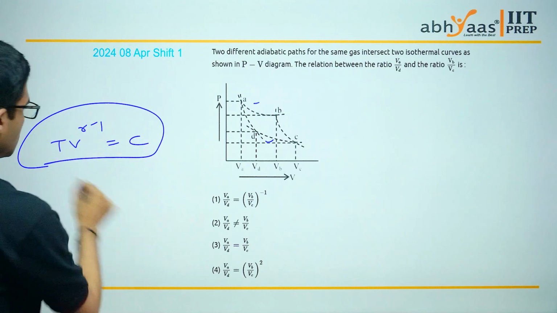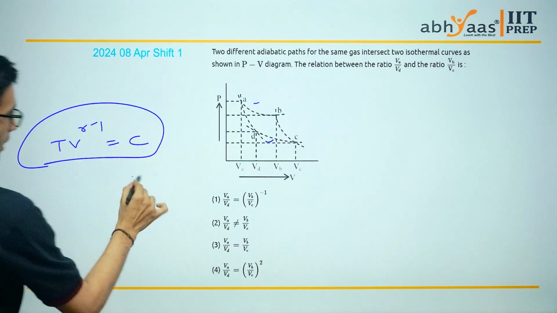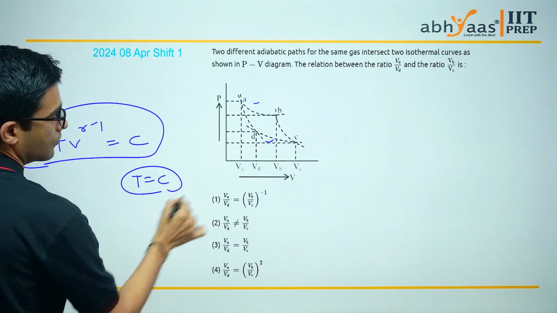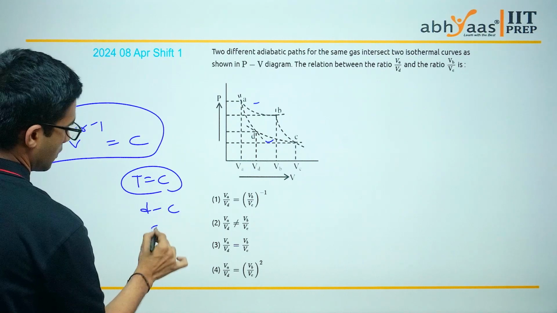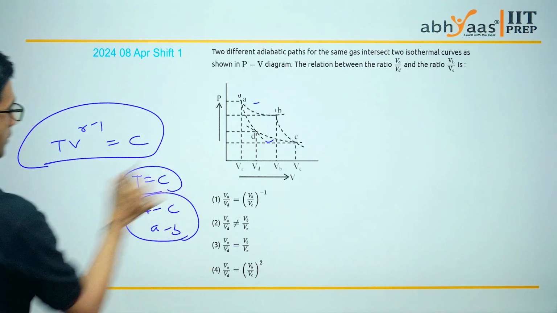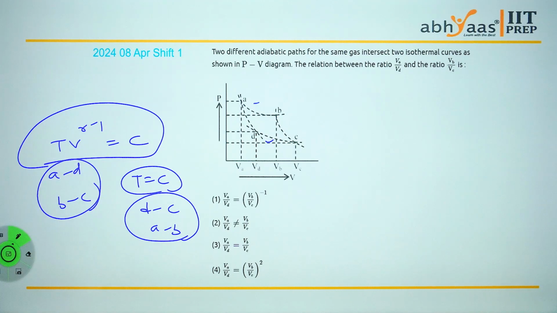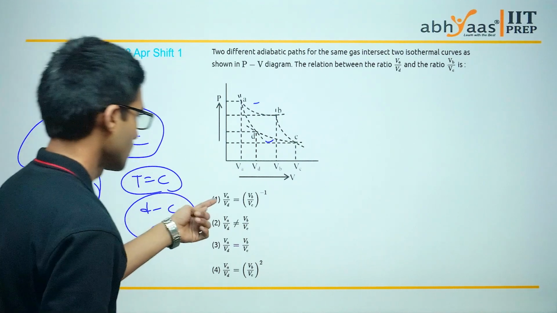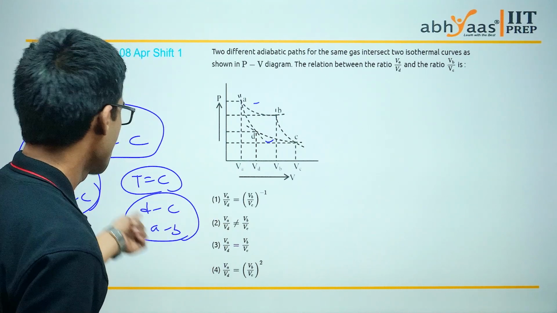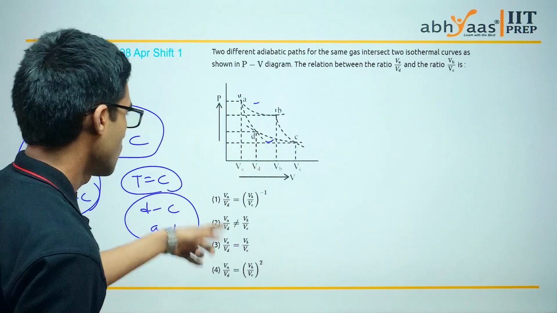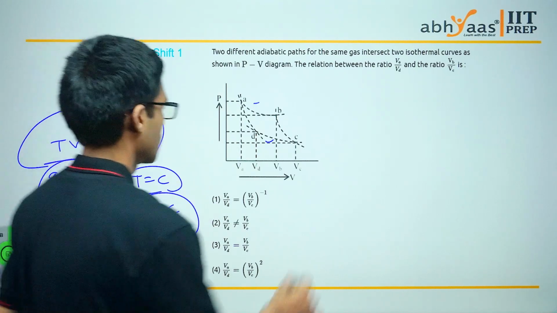Why have I used this one? Because in which process is temperature constant in isothermal? D to C, A to B. Here we have A to D and B to C, and all the options are from A to D and B to C. So that's why I have taken the adiabatic process.